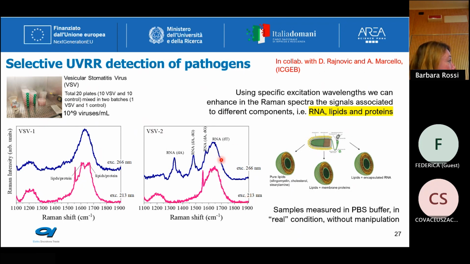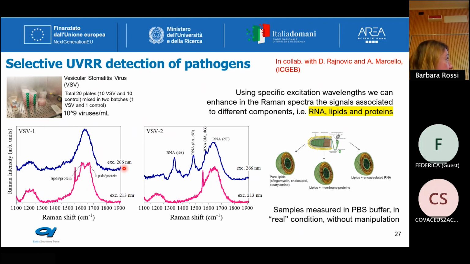In the spectra that we collect using an excitation wavelength at 266, the spectra are dominated mainly by the signal associated with the adenine, guanine, and thymine nucleobases of the RNA component. On the other side, the excitation wavelength at 213 nanometer is able to enhance the signal mainly related to the lipids and the protein part that compose the system.